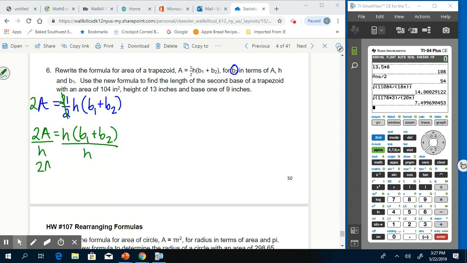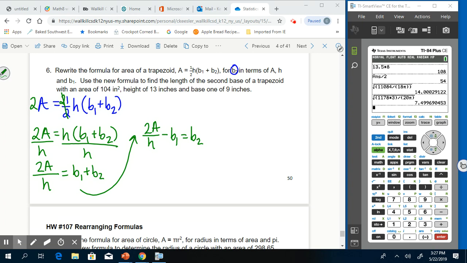So I have 2A over h equals base 1 plus base 2. And then lastly, I want to get base 2 all by itself, so I'm going to subtract base 1 from both sides, which gives me 2A over h minus b1 equals b2. And there's our equation.